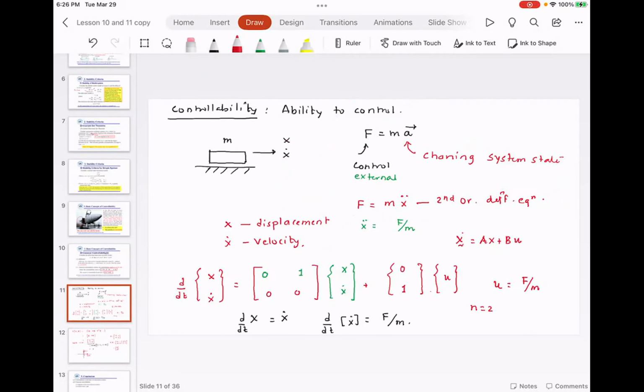It means that by changing the magnitude of force, you can control the velocity and you can control the displacement. Everyone understood this? Controllability means that whatever external function you have is able to influence all the states inside the system.